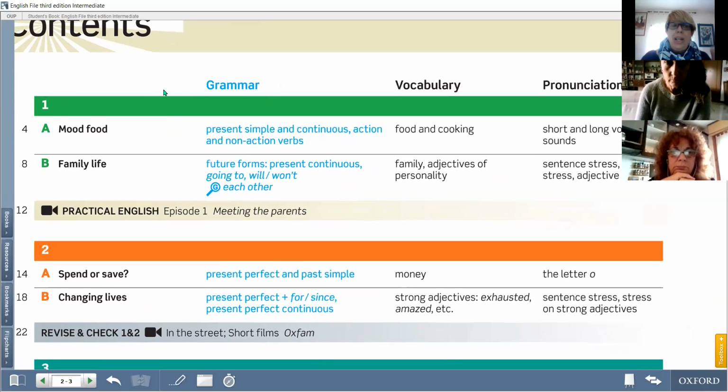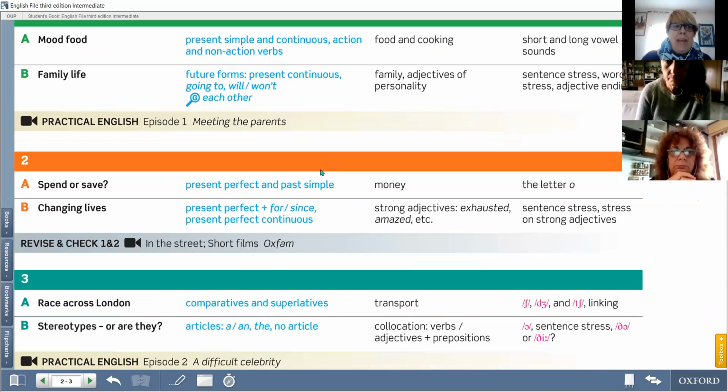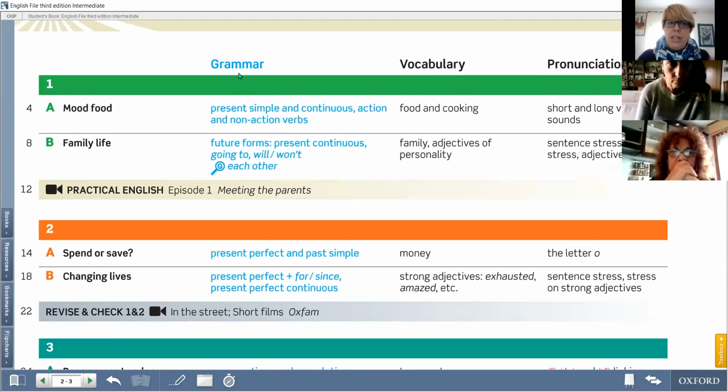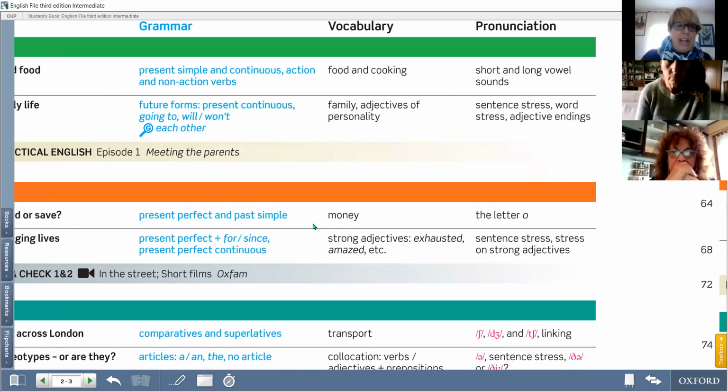In each lesson we have a part of grammar, a part of vocabulary, and a pronunciation part. Then every two units we have a revise and check, and also some practical English videos. The grammar, vocabulary and pronunciation activities are very active. You find a lot of listening, some writing, not a lot, but you find everything.